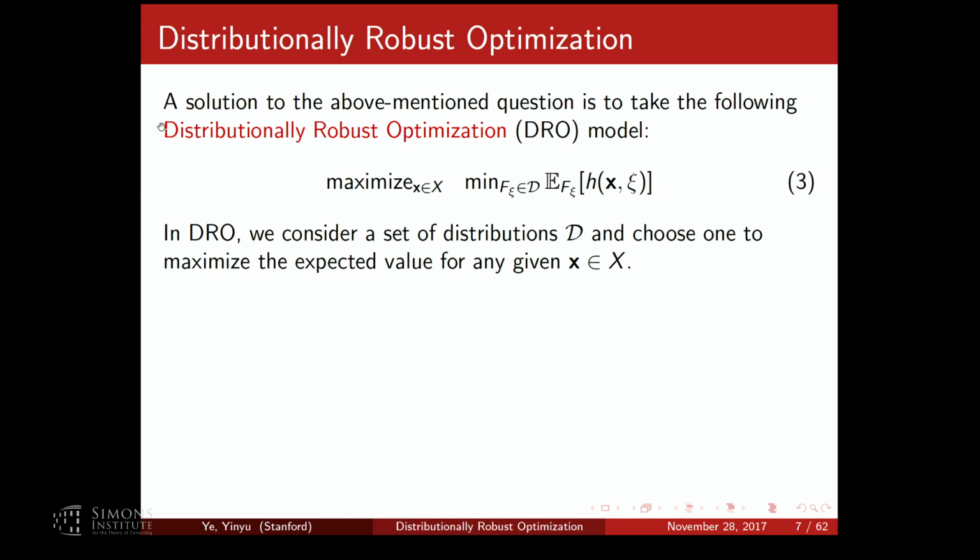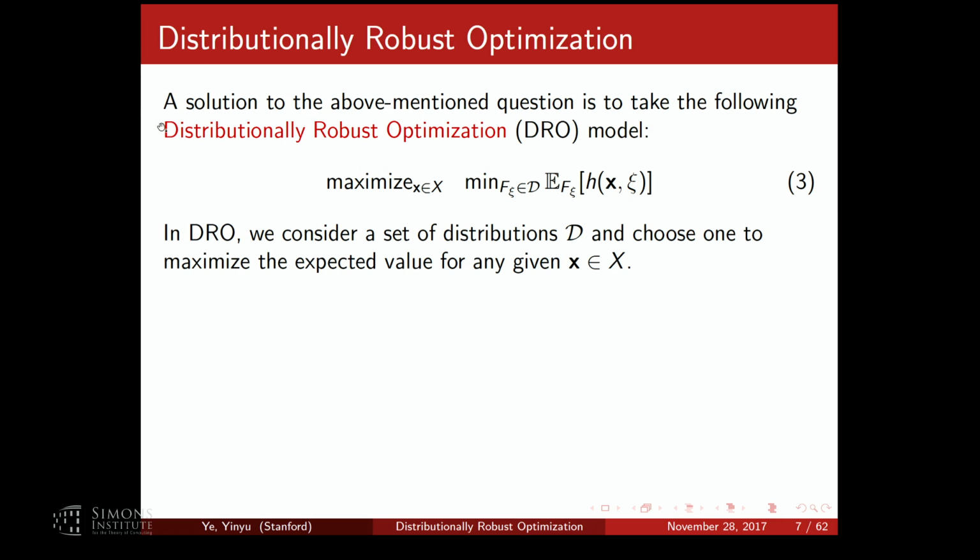Okay. So what is distributional robust optimization? Called DRO. What we do is assume we don't know the exact distribution. Okay. But however, we may have some support or constraints on those possible distributions. So we still minimize the expected value, for any possible distribution in this D. Okay.